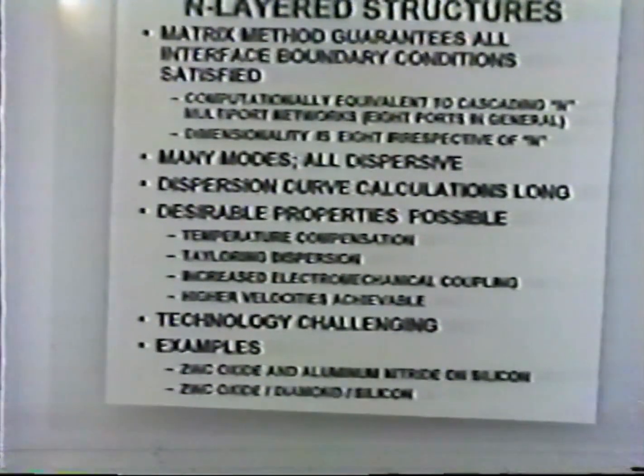The calculation of the dispersion curve is long, and sometimes it is not easy to distinguish which mode you are actually solving for until you look at the numbers that you're getting very, very closely. So everything isn't easy, but some things are easier than others.